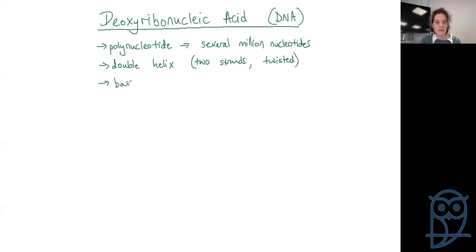We have the bases A, T, C, and G: adenine, thymine, cytosine, and guanine. We also have deoxyribose as a pentose sugar. These are things to remember, because when it comes to RNA, we have a slightly different list to this one.